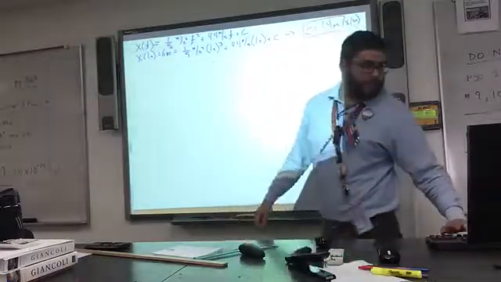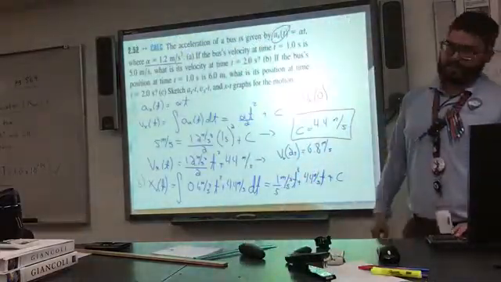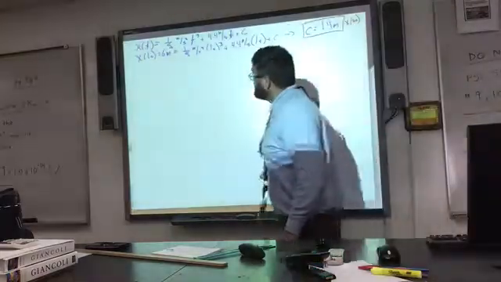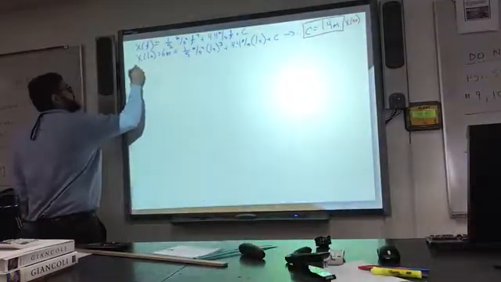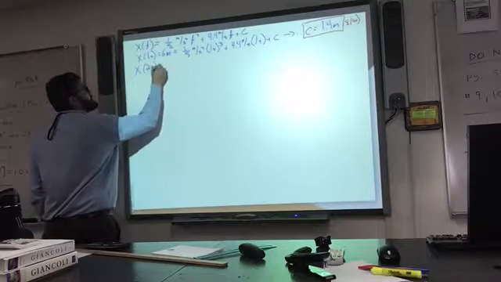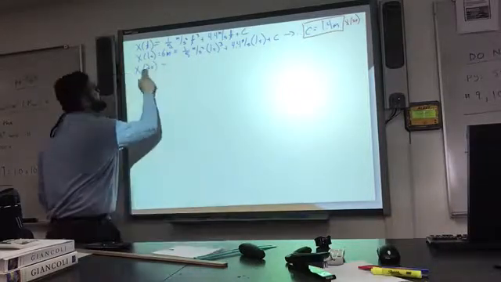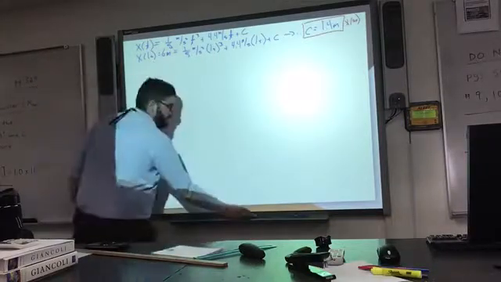Okay, and then they asked us to find what is the position at time t equals 2. And x at 2 seconds. Actually, you know what I'm going to do instead? I'm going to just rewrite the function.